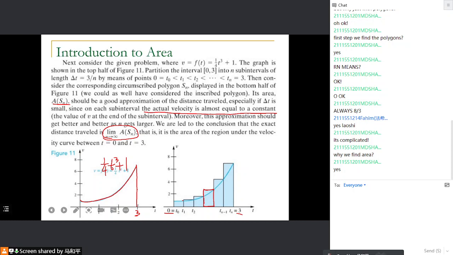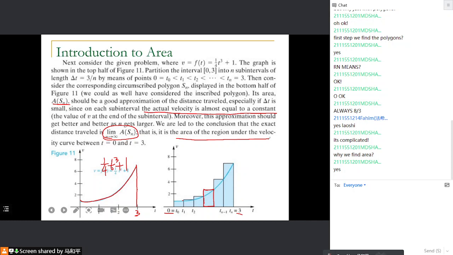How can you get the area? This is what I told you. The distance is just the area of the region under the velocity curve between t = 0 and t = 3.